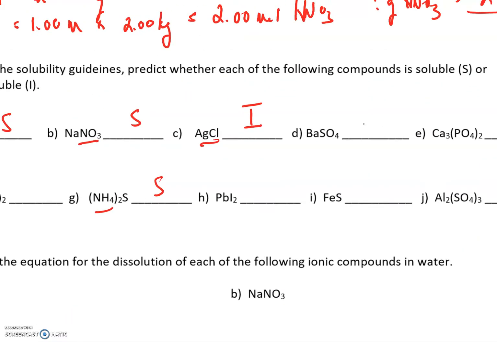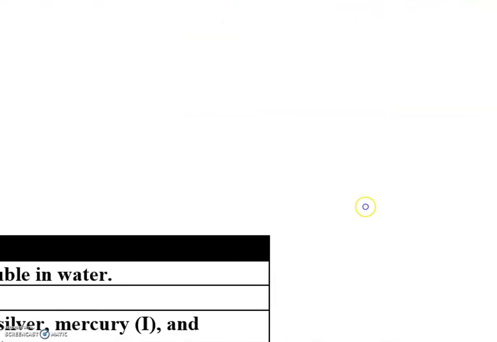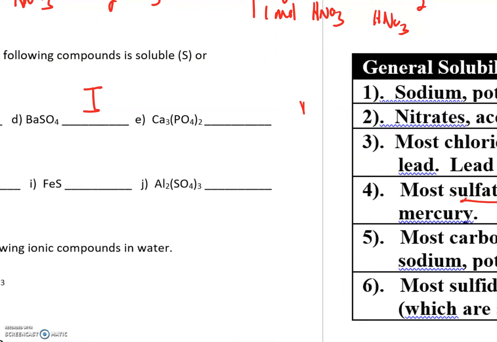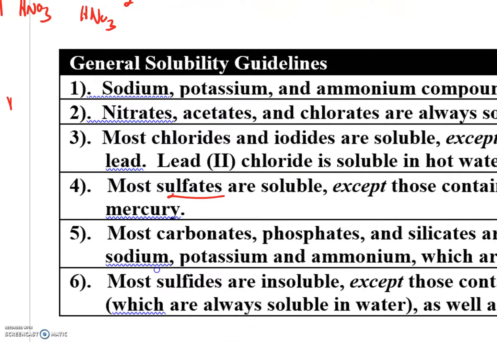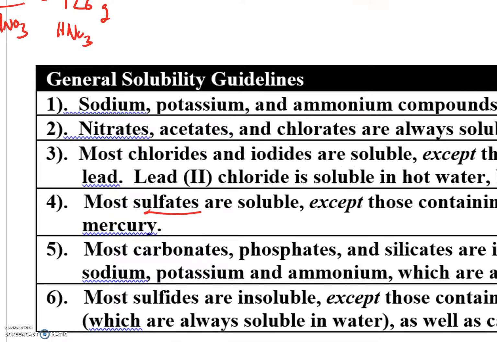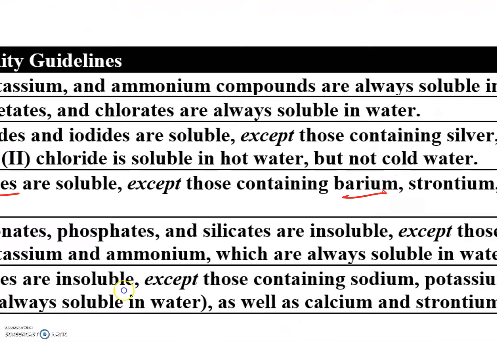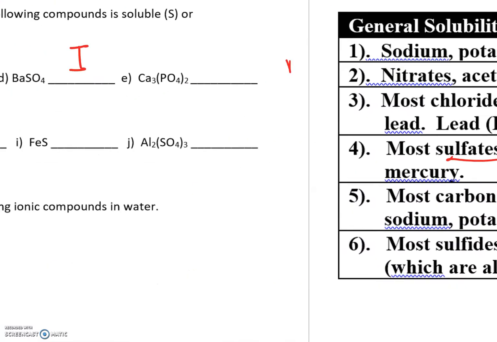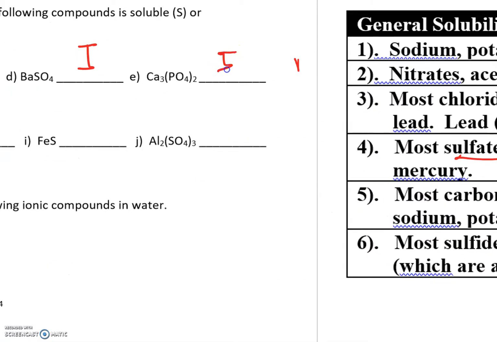That guy right there. Insoluble. Sorry everybody. Calcium phosphate. It says most carbonates, phosphates, and silicates are insoluble, except those that contain sodium, potassium, and ammonium. So it's got a phosphate in it. It's going to be insoluble. That guy.